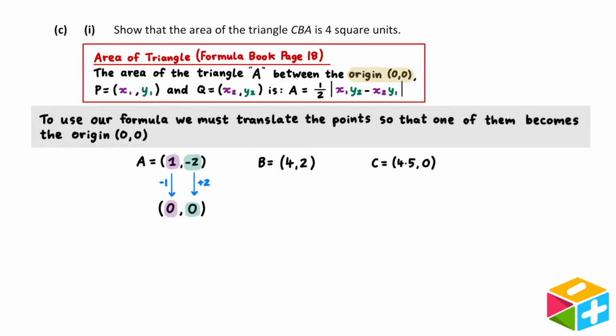The second coordinate of A is minus 2. To make this a 0, I would need to add 2. So the translation here is minus 1 to the first coordinate and plus 2 to the second coordinate. To ensure we're not changing the shape and area of the triangle, we need to apply the same translation to B and C.